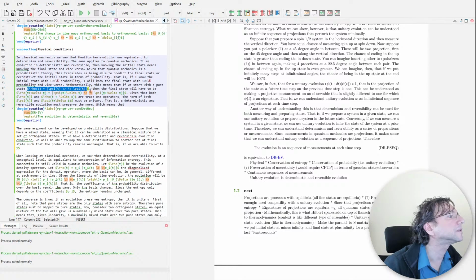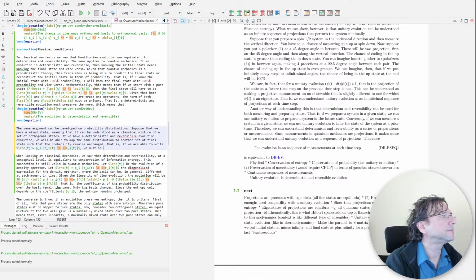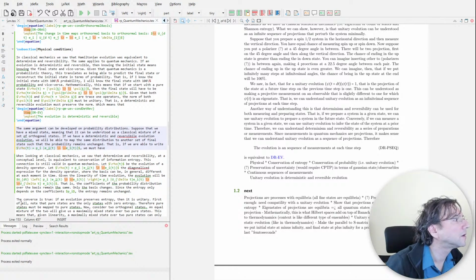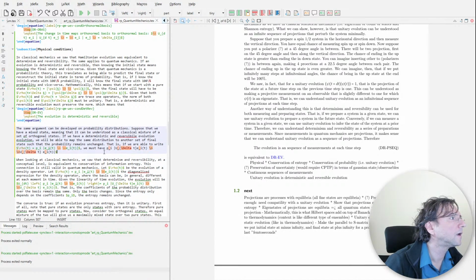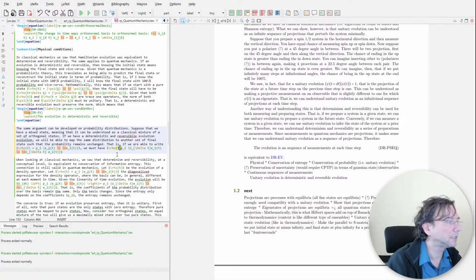I should have it here. There we go. We must have rho of t plus delta t equal to that stuff.